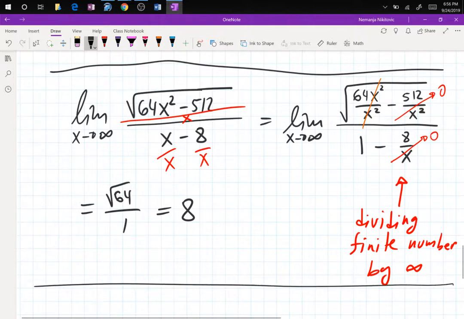And this method, knowing this procedure to divide by the highest exponent, I believe in class we had either dividing by x squared or x cubed in the example I did. So as you're dividing by these values, you are looking for the highest exponent and dividing every term by that exponent.